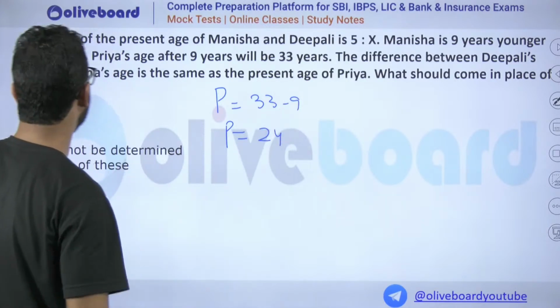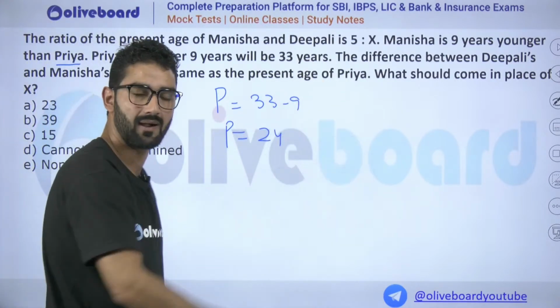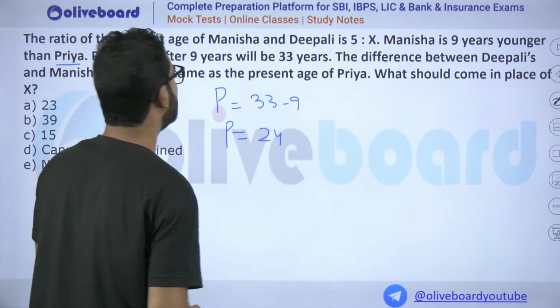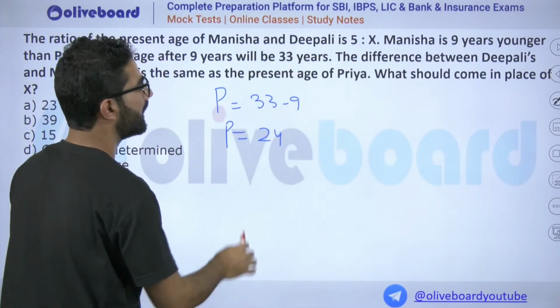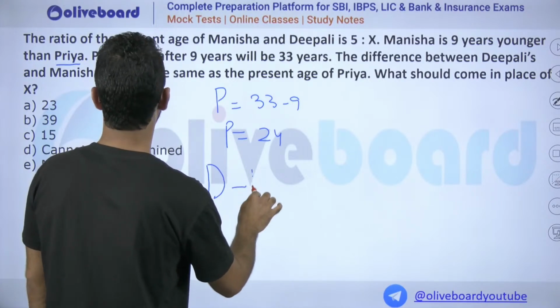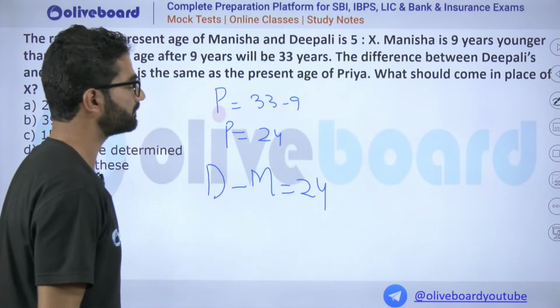The difference between Dipali and Manisha's age is the same as the present age of Priya. Got it? So what can I write? I can write Dipali minus Manisha is the present age of Priya, which is 24.